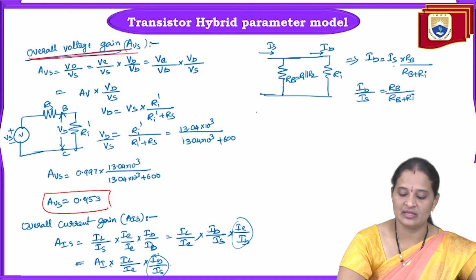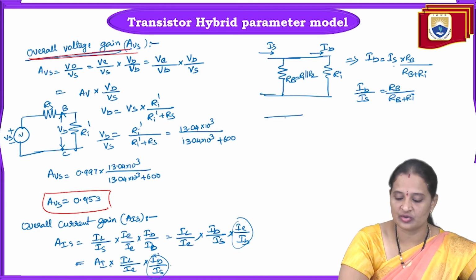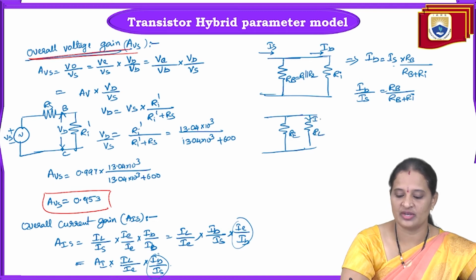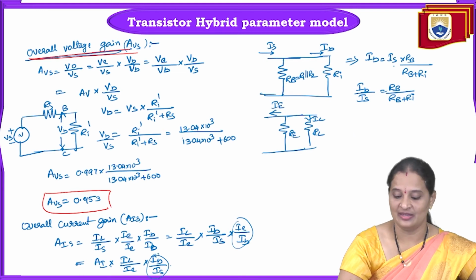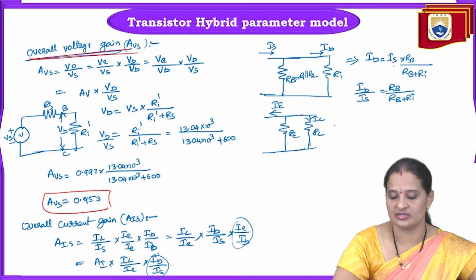Similarly, consider the output equivalent circuit. We have RE in parallel with RL, right? Here the current flowing through this one is IL, and here the input current is IE. Now from this output equivalent circuit, I can find IL, which is the current flowing through the resistor RL.